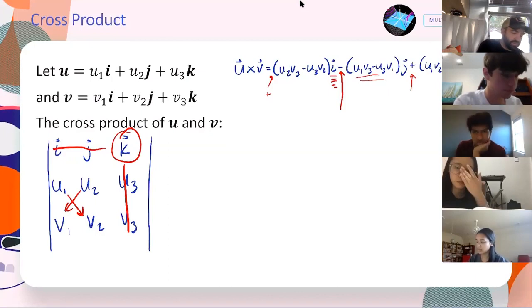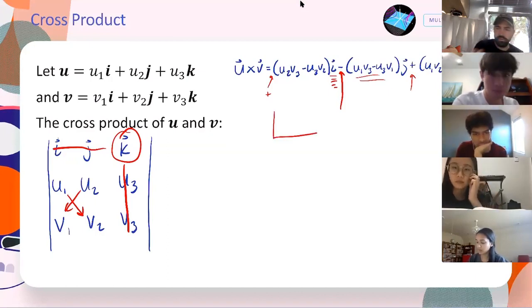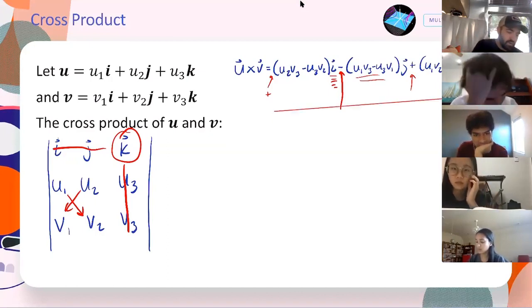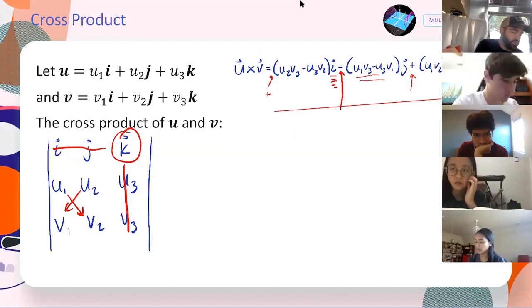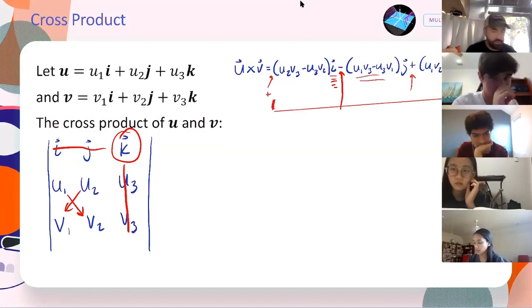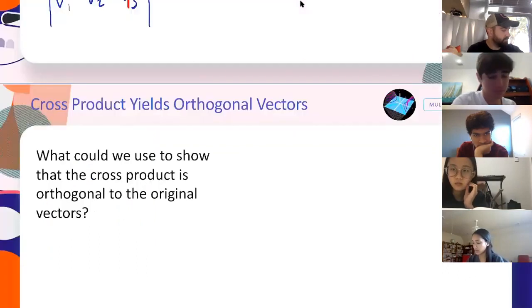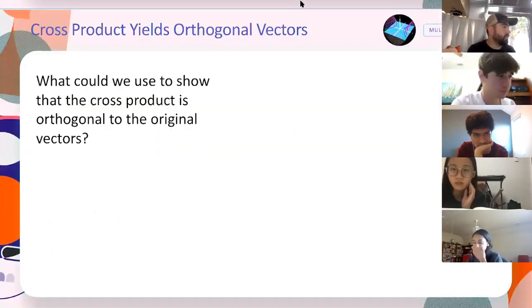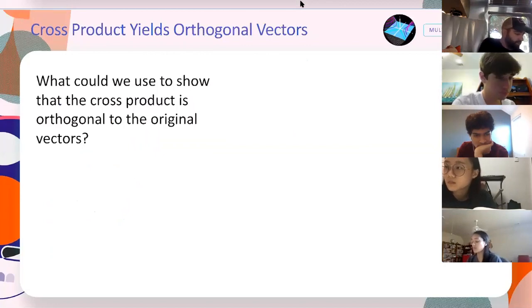And again, this vector here will be one single vector. Those are just a bunch of numbers you'd add together. This vector would be perpendicular to U and perpendicular to V. So we could show that. Remember, we can tell if things are orthogonal using a dot product.